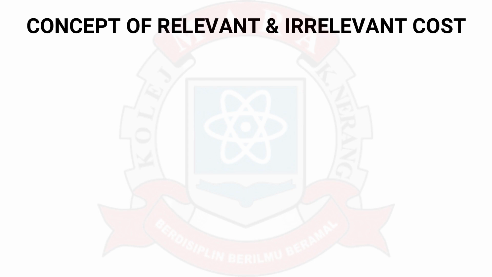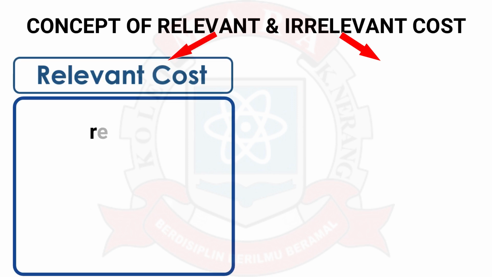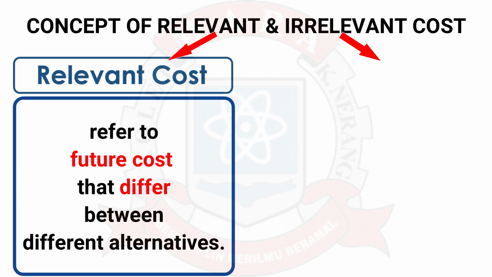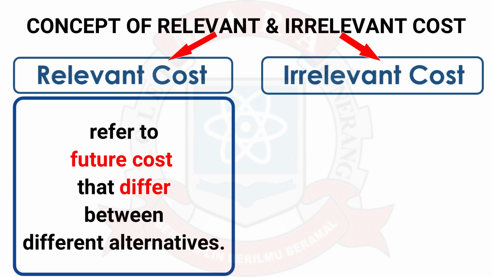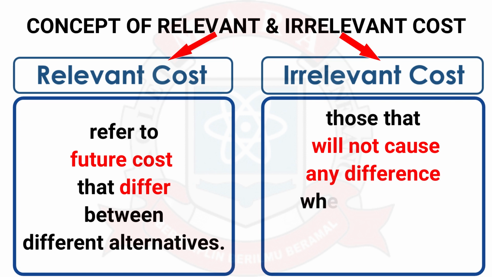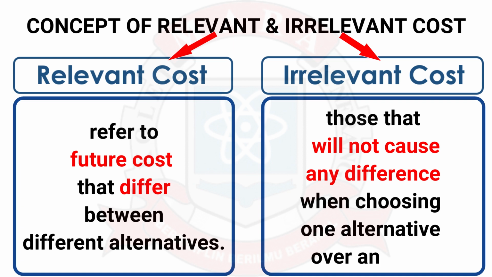Concept of relevant and irrelevant costs is divided into two, of which relevant costs refer to future costs that differ between different alternatives, whereas irrelevant costs are those that will not cause any difference when choosing one alternative over another.